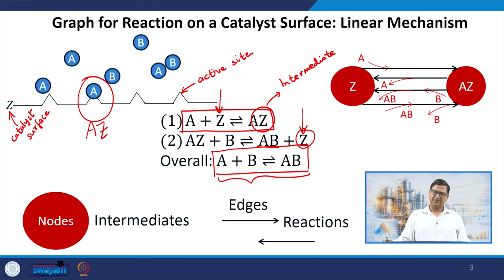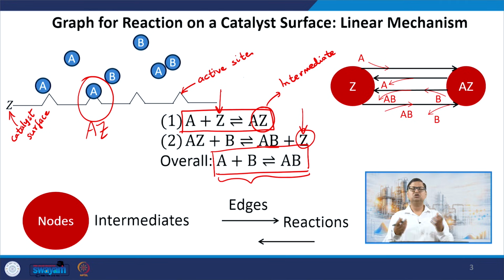Now, if I want to develop a mechanism for this kind of reaction, we can imagine that this intermediate AZ, and in fact also the active site Z itself, are nodes in my reaction scheme.